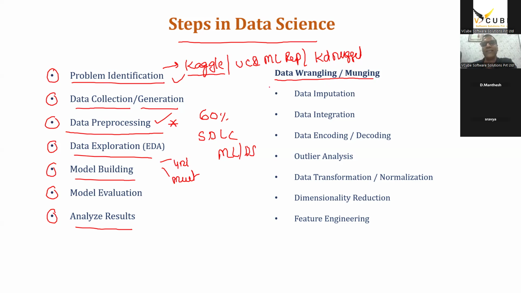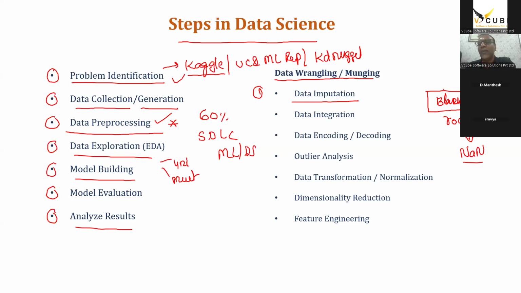Shall I go? Yes. The first topic in data pre-processing is called data imputation. Now, for example, if I'm taking Excel data, every Excel sheet has cells. It is a combination of rows and columns. Now, if any cell has blank data, this data will be represented as NaN, which means not a number.